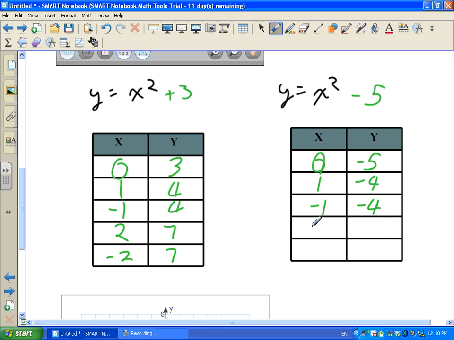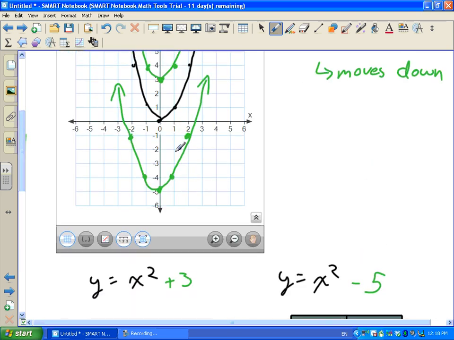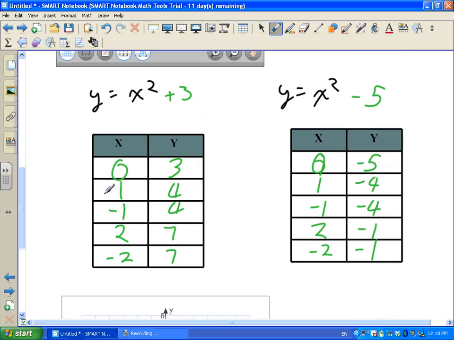This will be -1. All right, negative 1 and negative 1. So if we look at these coordinates, 1 and negative 4, and we had the mirror image of negative 1, negative 4, and our other coordinate was 2 and negative 1, negative 2 and negative 1. All of our coordinates worked when we plugged the numbers into our equations.